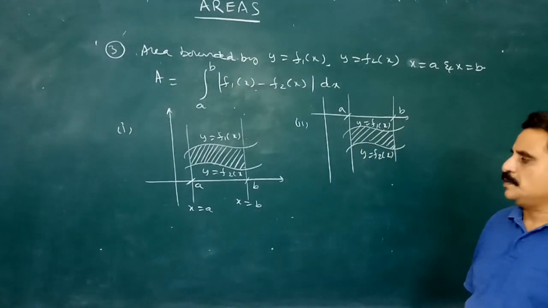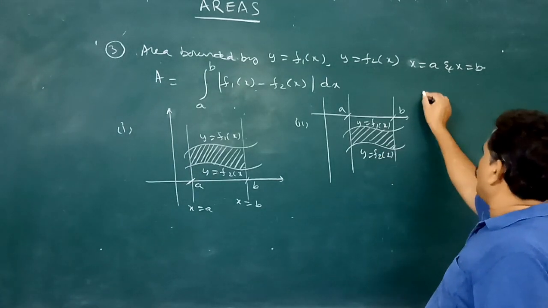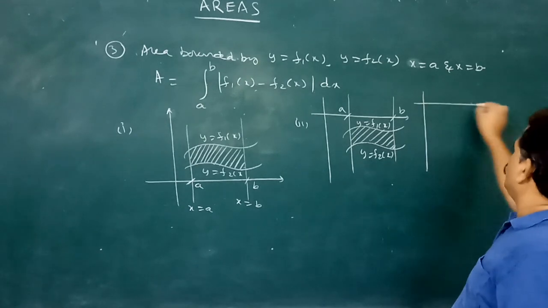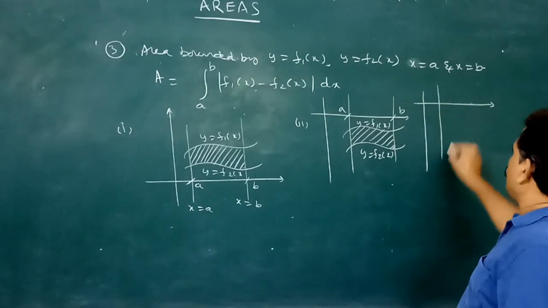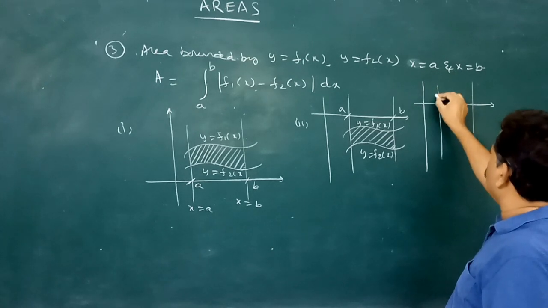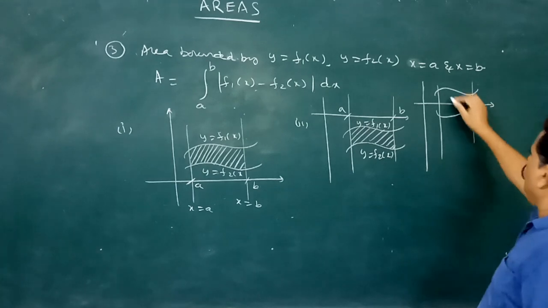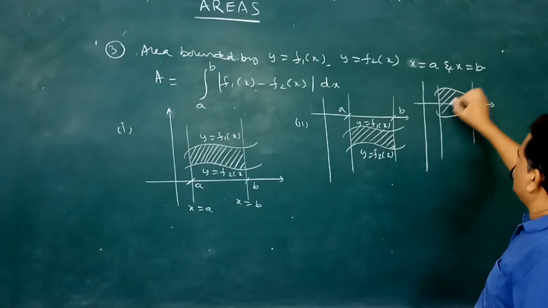Now, the third case, where one is up and one is down. One curve is above the x-axis and another one is below the x-axis.